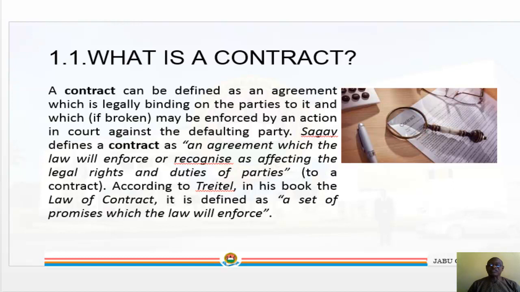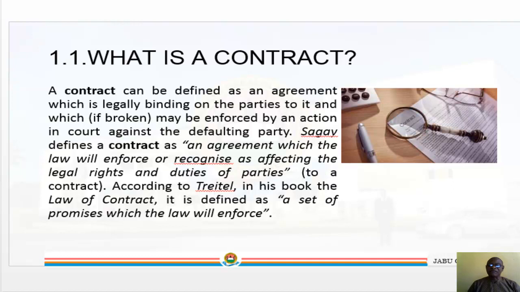What is a contract? A contract can be defined as an agreement which is legally binding on the parties to it, and which, if broken, may be enforced by an action in court against the defaulting party.